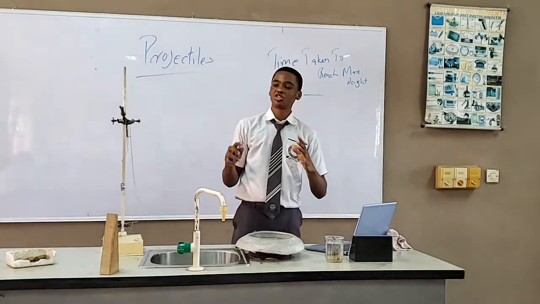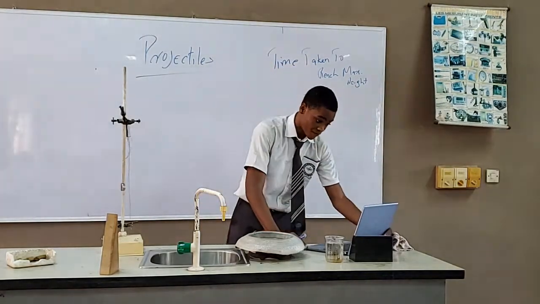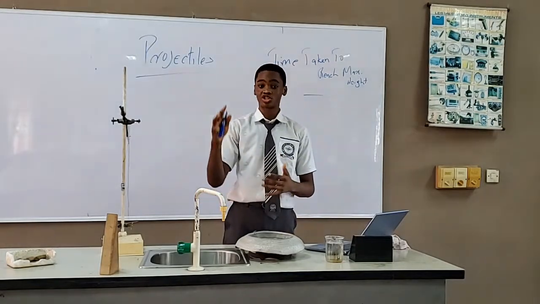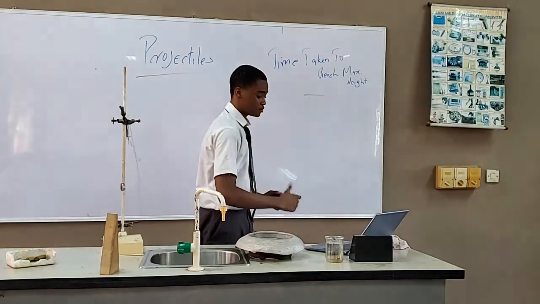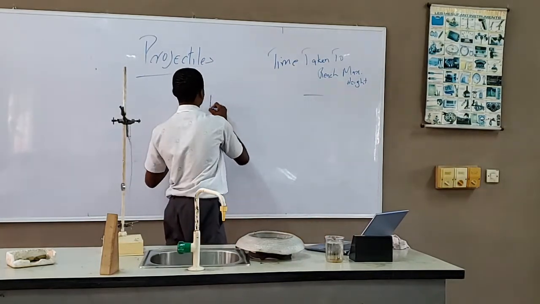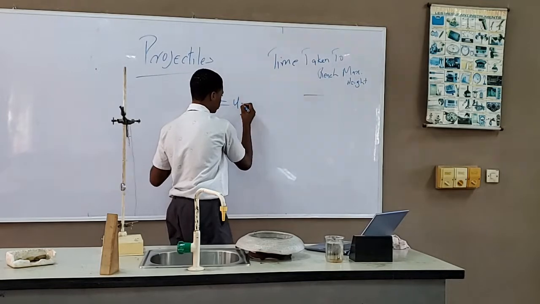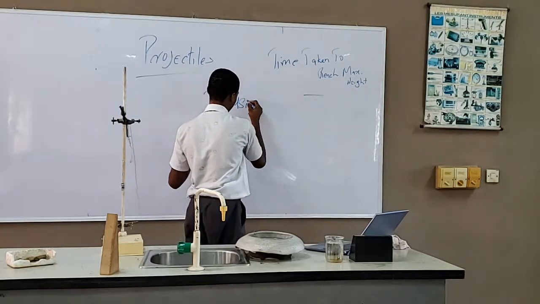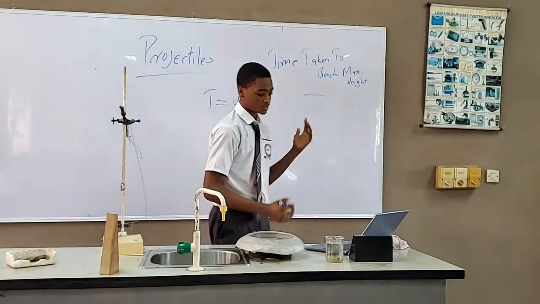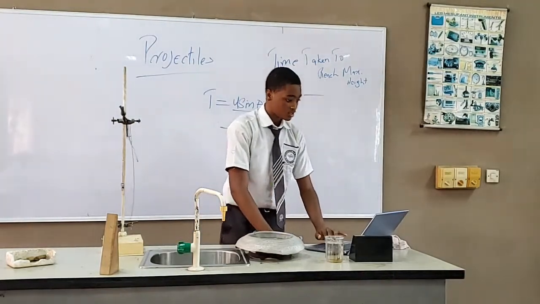The time taken to reach maximum height is the highest vertical distance attained as measured from the horizontal projection plane. And the formula for it is t equals u sine theta over g. This is the formula for time taken to reach maximum height.